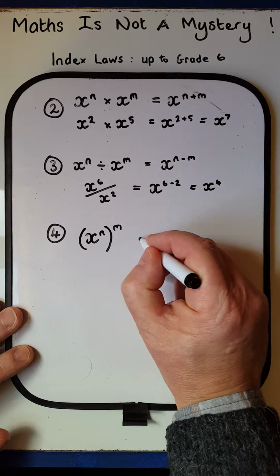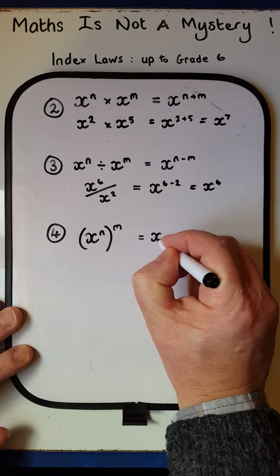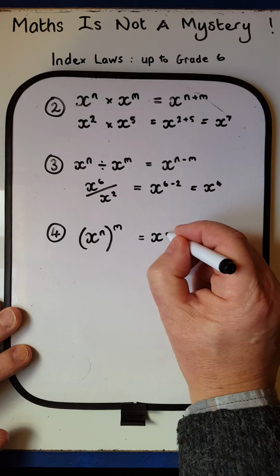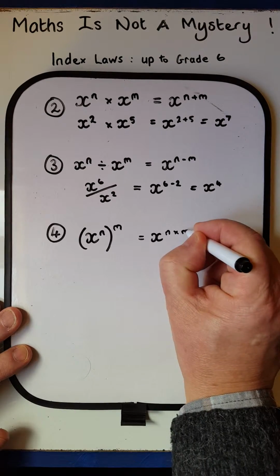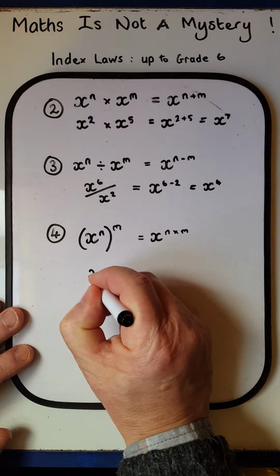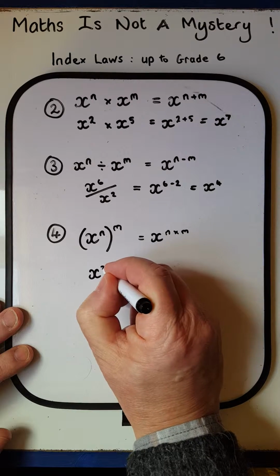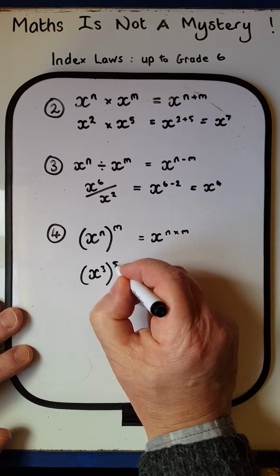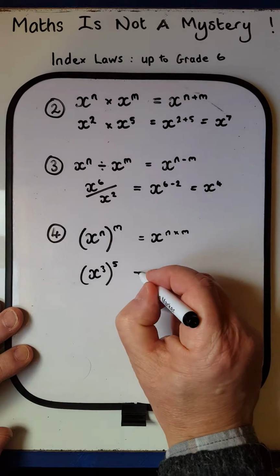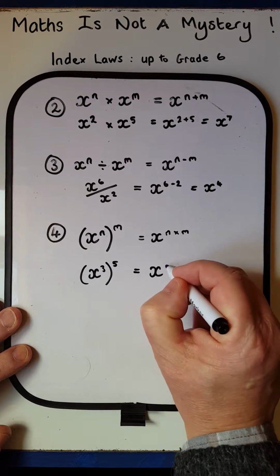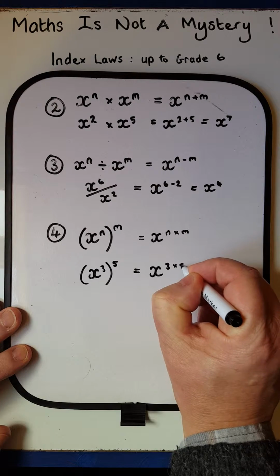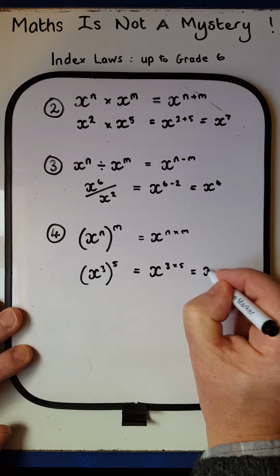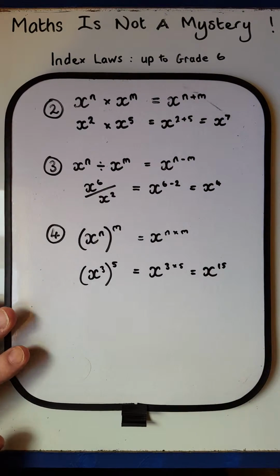So what we're talking about here is it's x to the power of n times m. So if we have x to the power 3, x cubed, all to the power 5, then the answer is x to the power of 3 times 5, which is x to the power 15.